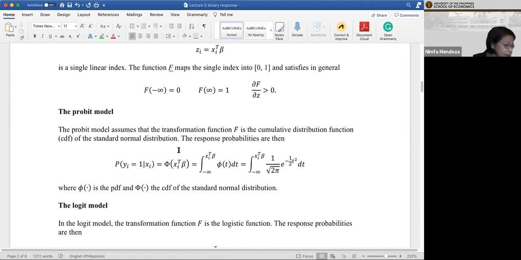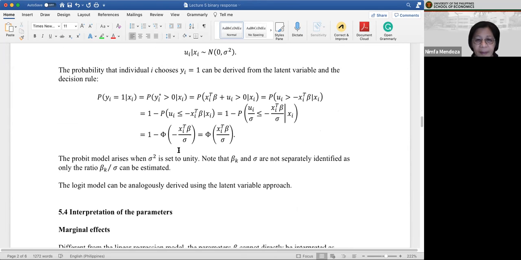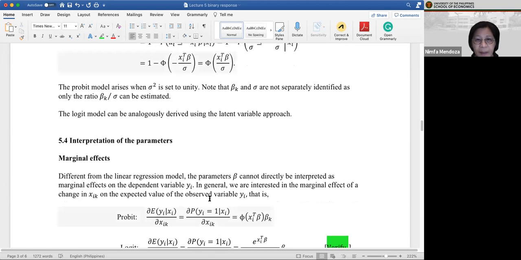So you have to get the derivative of this with respect to x sub ik. What would be that derivative?